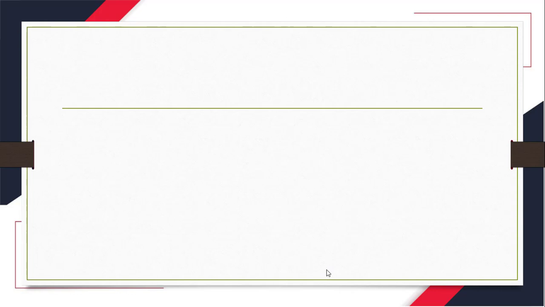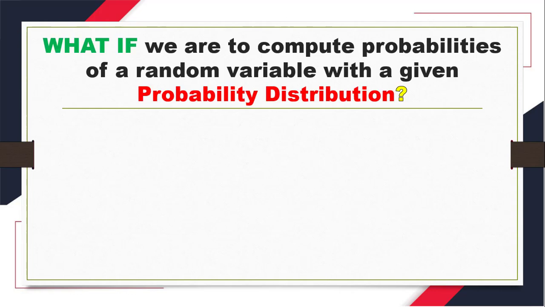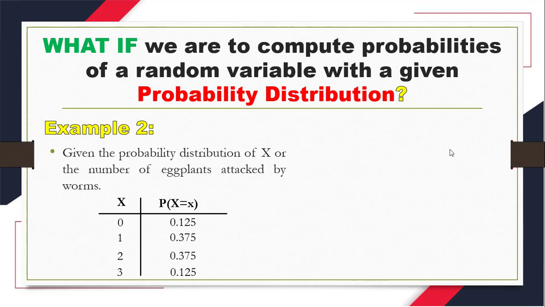Let us answer this question: what if we are to compute probabilities of a random variable with a given probability distribution? In that case, let us take our example 2. Given the probability distribution of X, the number of eggplants attacked by worms, the values of X are 0, 1, 2, 3.